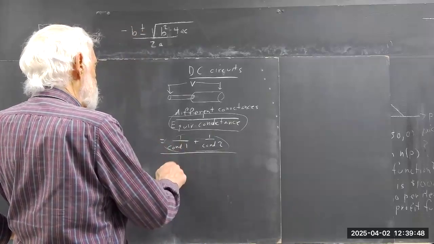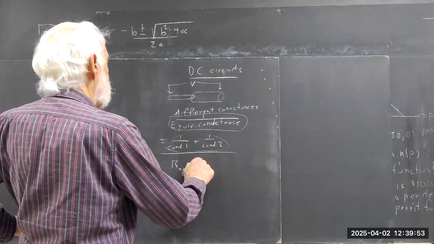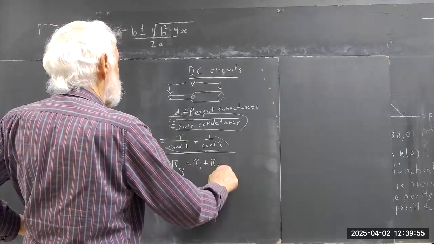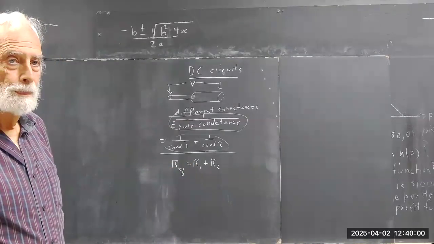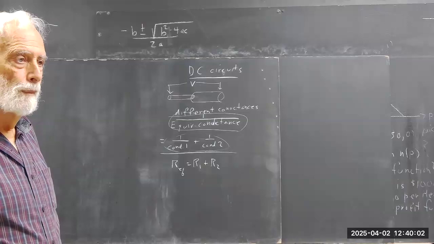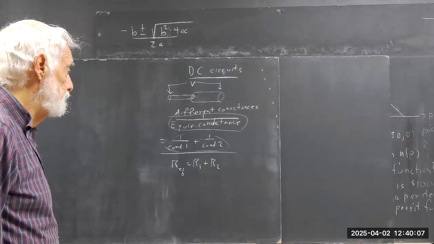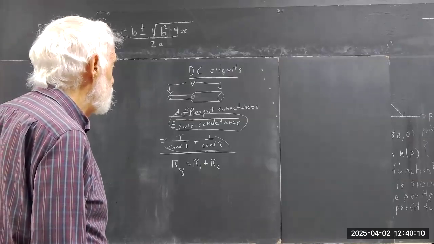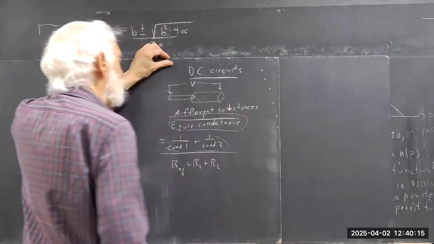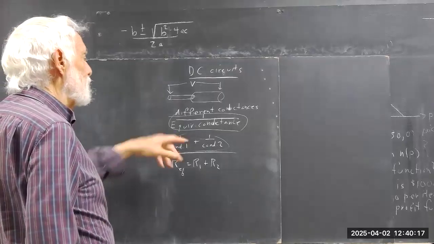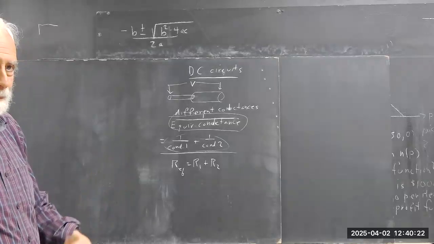But what that really says is then that the equivalent resistance equals the sum of the two resistances. And I don't like people to leave the D out of conductance. Okay, it comes down to the fact that you got different voltages with the same current.